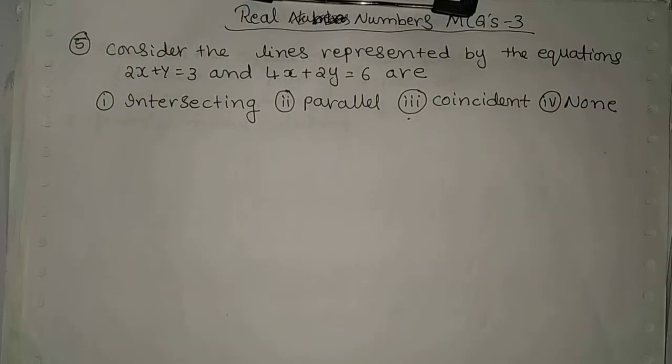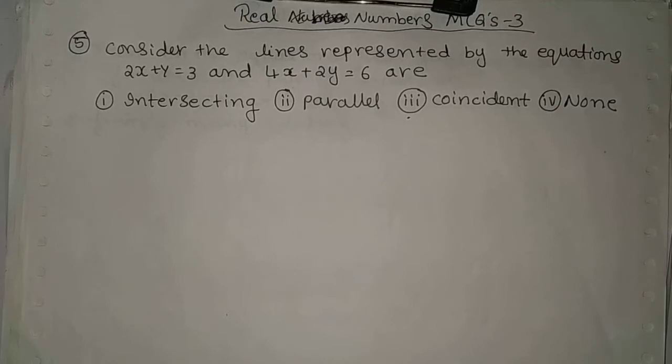We move on to the fifth one. So fifth problem. Consider the lines represented by the equations 2x plus y is equal to 3 and 4x plus 2y is equal to 6. Four options are given: intersecting, parallel, coincident, or none.